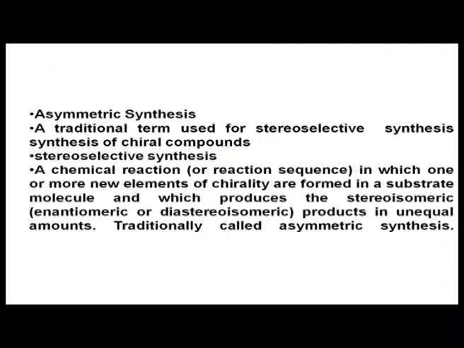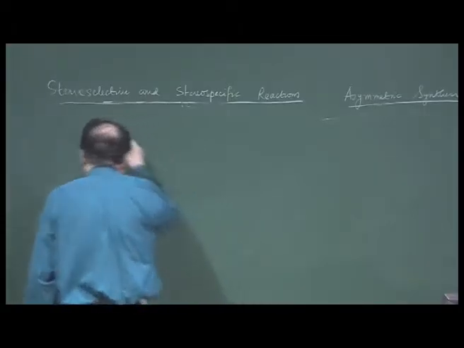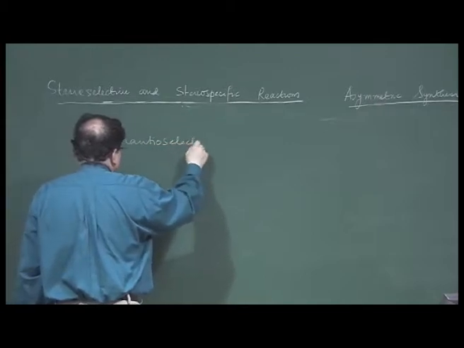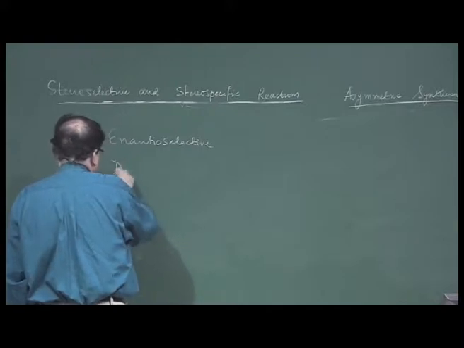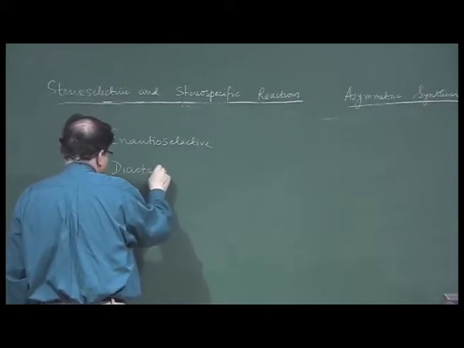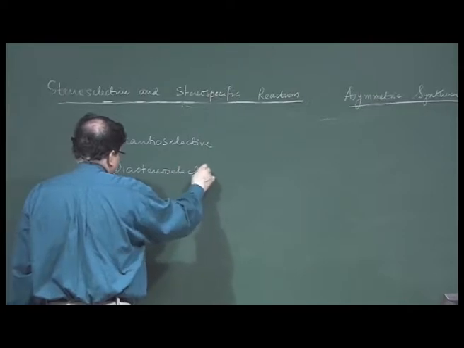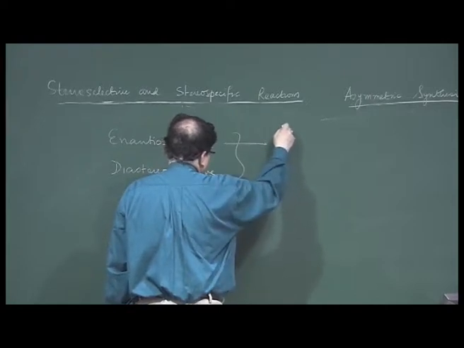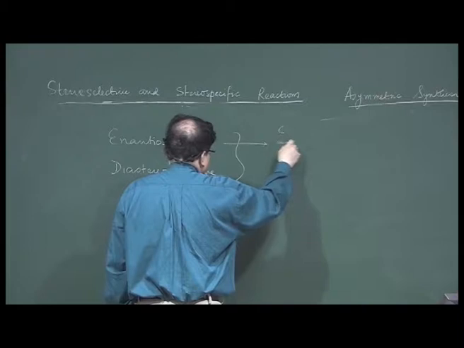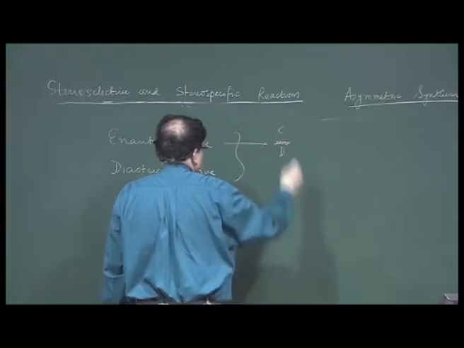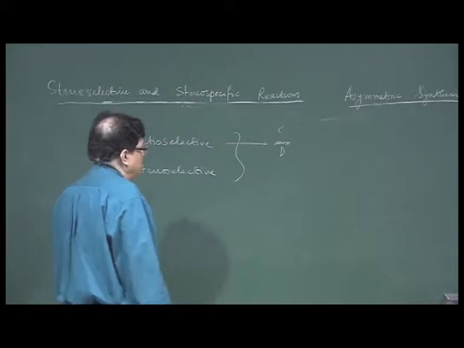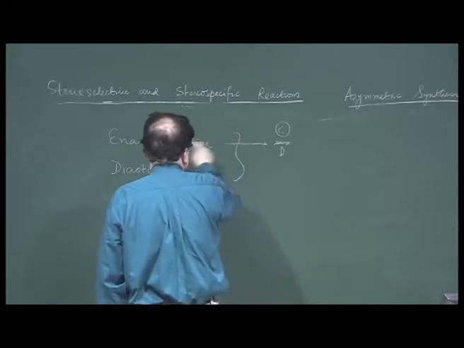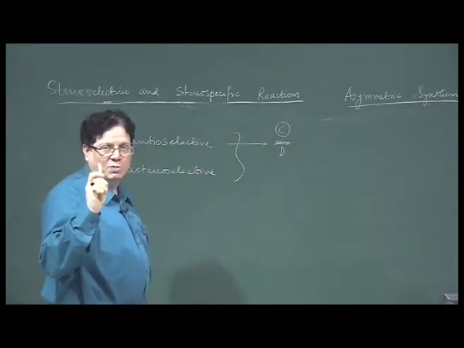Now, in asymmetric synthesis, there are again two terms. One is enantioselective reaction and the other is diastereoselective reactions. Suppose the possible products C and D are linked by enantiomerism, that means C is the mirror image of D, and if you get only C, then that reaction will be enantioselective, because you are getting one enantiomer over the other.